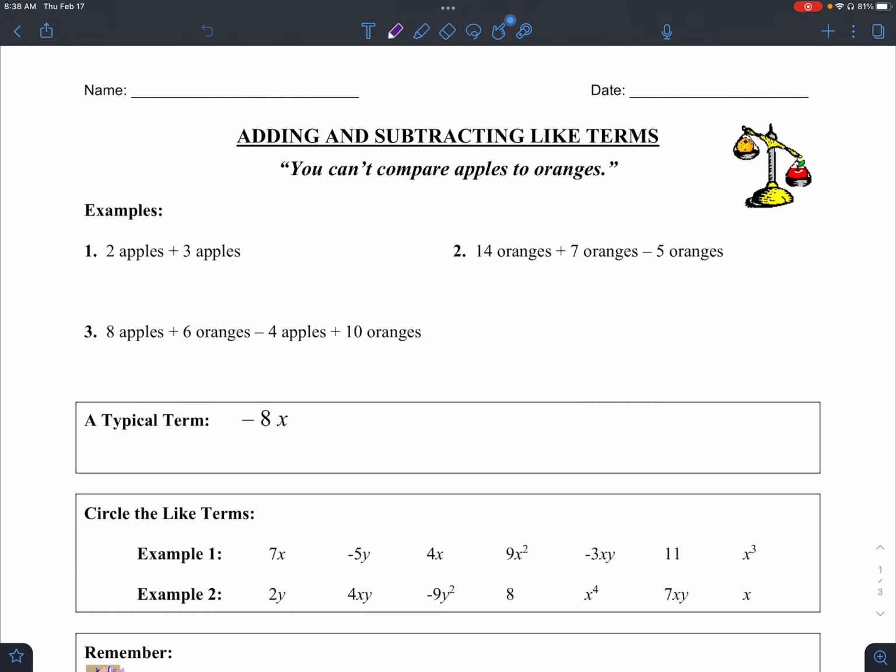So typically, you can't really add apples and oranges. However, if you just have apples, let's say you have two apples and three apples, you can add them together and you can get five apples.